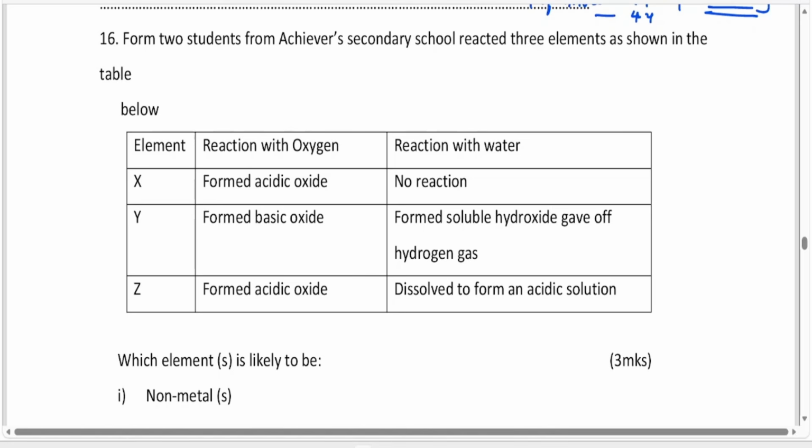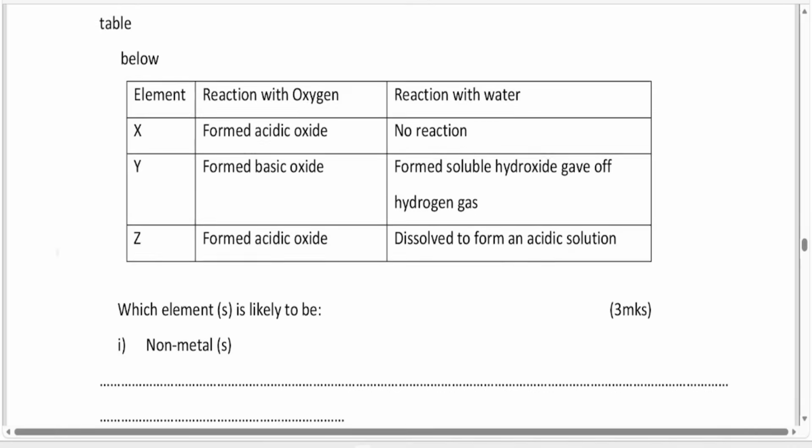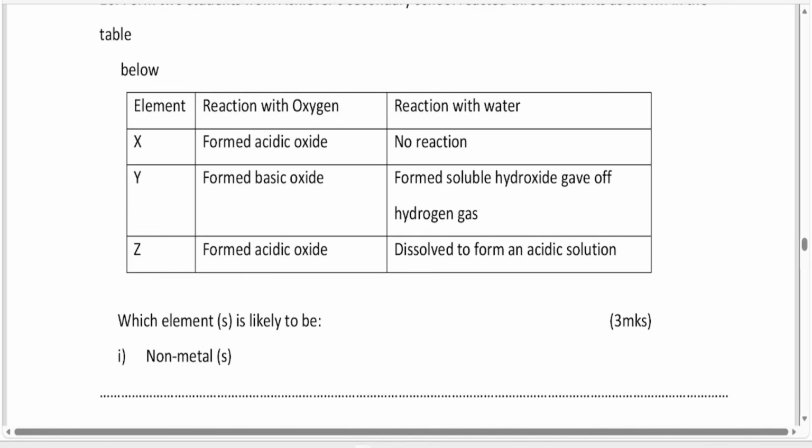Y, reacting with oxygen, formed a basic oxide. Z, reacting with water, forms a soluble hydroxide and gave off hydrogen gas. And Z formed an acidic oxide with oxygen and dissolved to form an acidic solution.